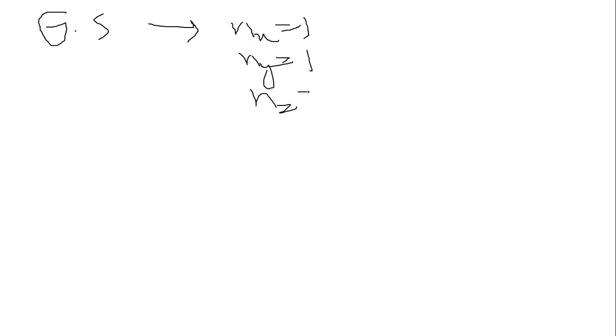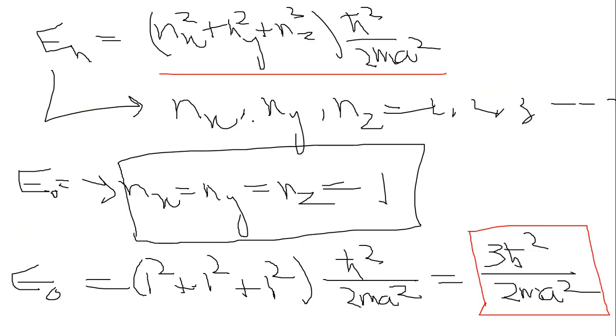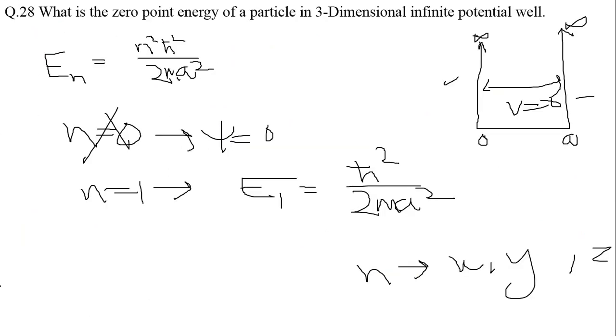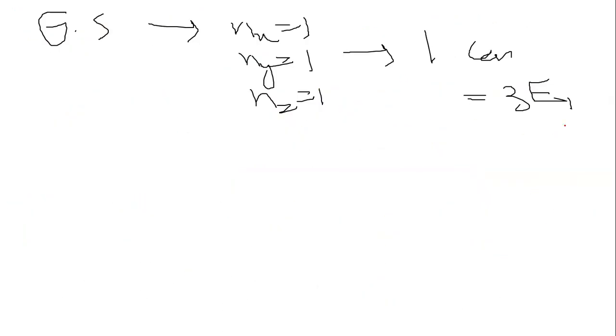So here, if it is the ground state, nx equals 1, ny equals 1, nz equals 1. So it has only one combination and the energy is 3 e1, where we take h cross square by 2m a square as e1.